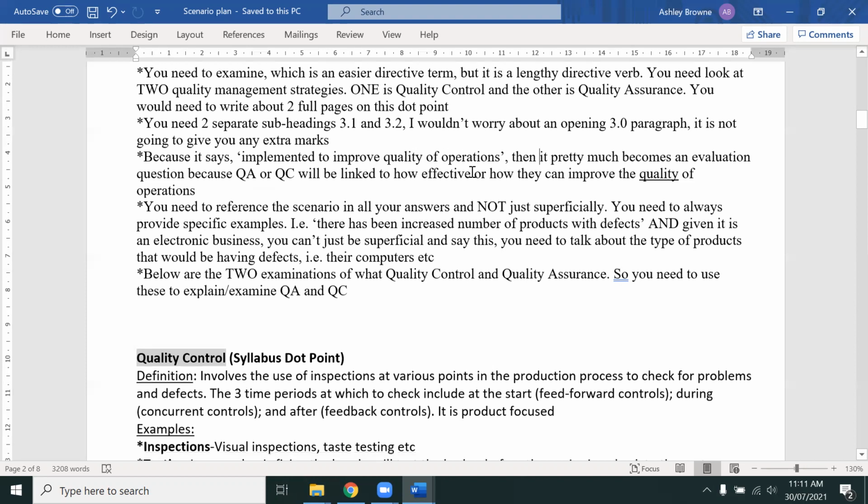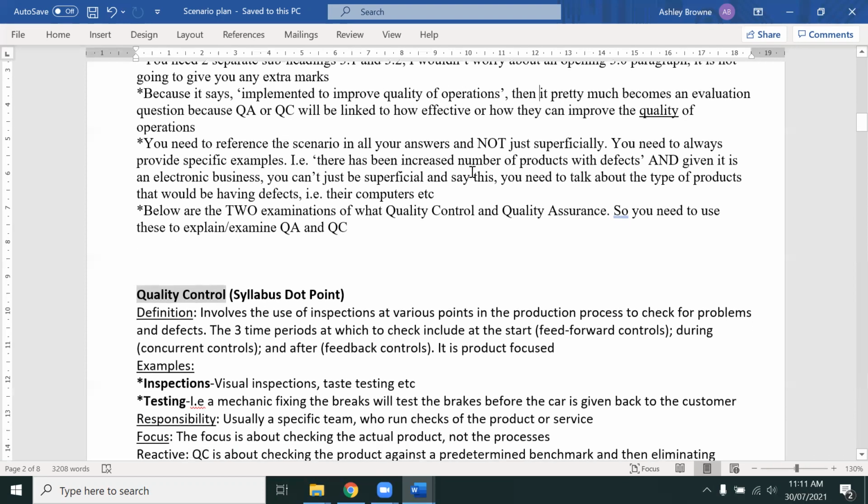Now, as always, you need to reference the scenario in all your answers, not just superficially. The starting point is to say the business name, but you need to go further than that. You need to use specific examples, and I'm always talking about specific examples. So you need to talk about the type of products that the businesses would be having defects with.